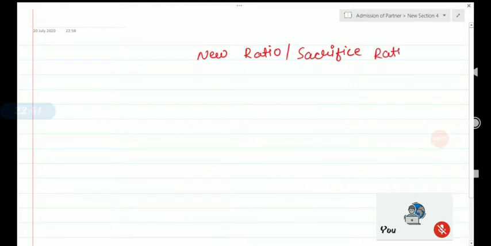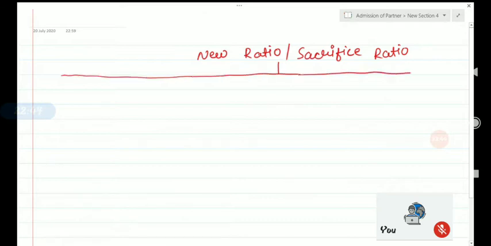See, new ratio or sacrifice ratio. Three steps are there, three methods are there. First, nothing is given.